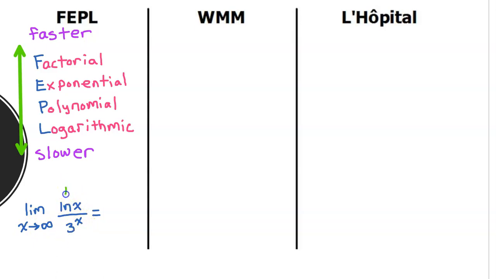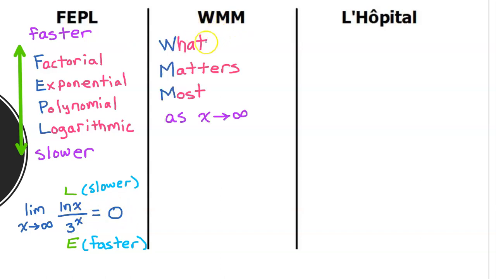This is a logarithmic expression over an exponential expression. FEPL reminds us that the denominator is growing faster than the numerator as x approaches infinity. So, since the denominator is getting bigger and bigger compared to the numerator, the overall value of the fraction is getting smaller and smaller and smaller. More specifically, it's getting closer and closer to 0. So that's the limit.